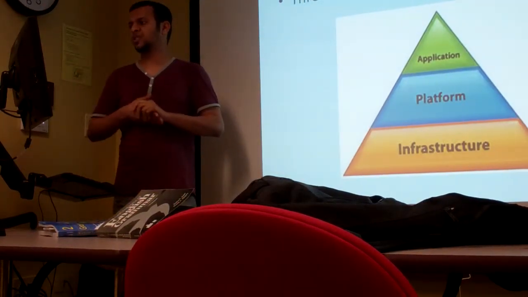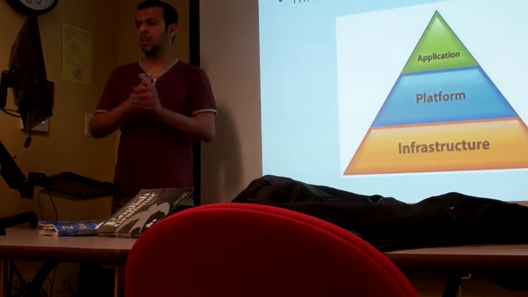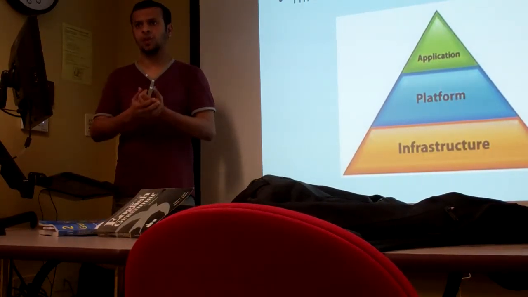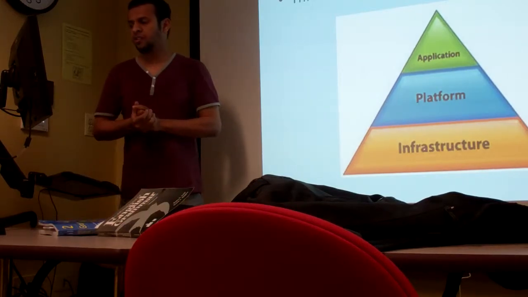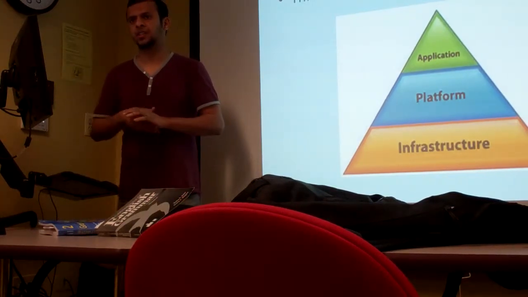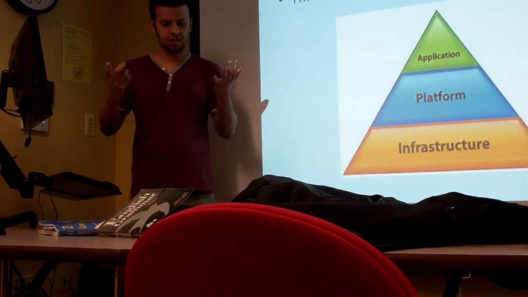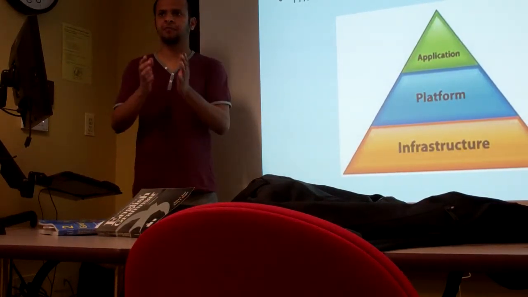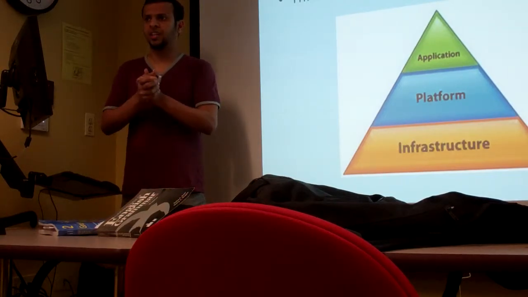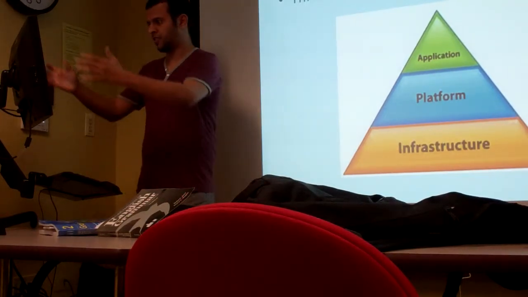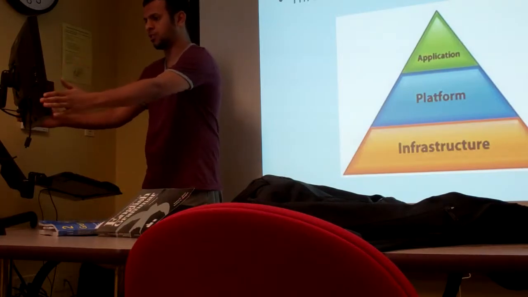The cloud computing service offers three types of layers or services for companies. The first one is the application. When I say application, I mean email, games, and virtual desktop. We don't need a physical desktop.